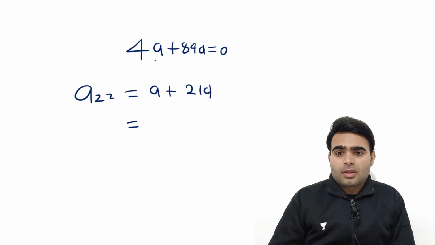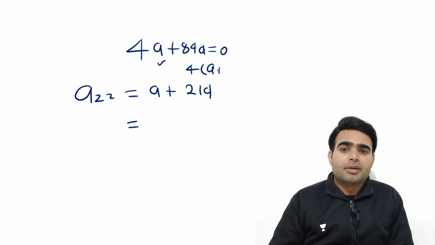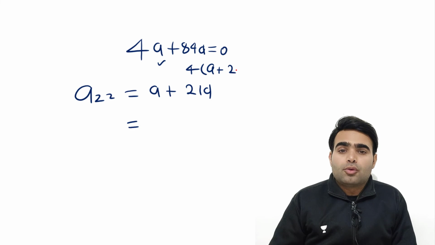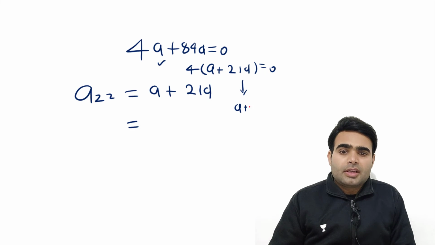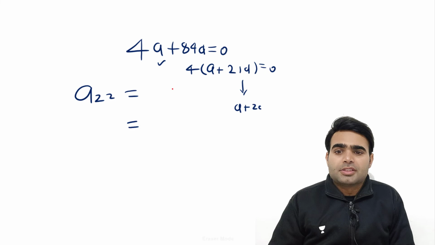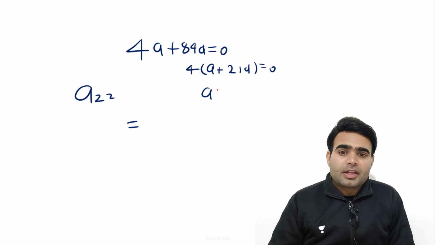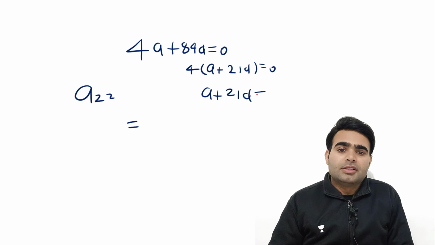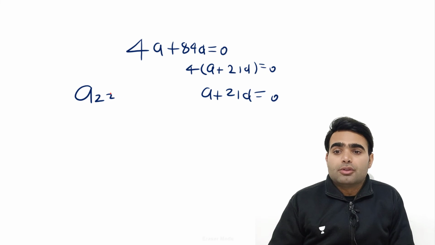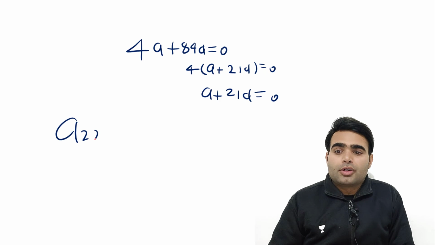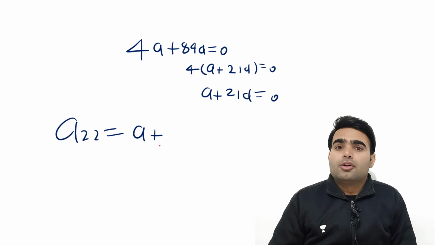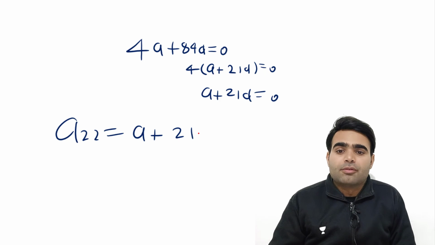You can see from the obtained data, if you take 4 common, we are left with 4 into (A plus 21D). 4 cannot be 0, so that simply means A plus 21D is 0. You can see A22 is nothing but A plus 22 minus 1, that is 21D.